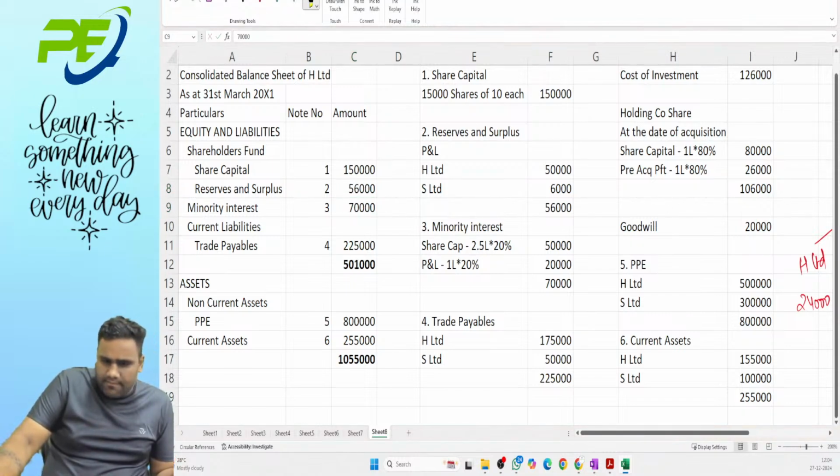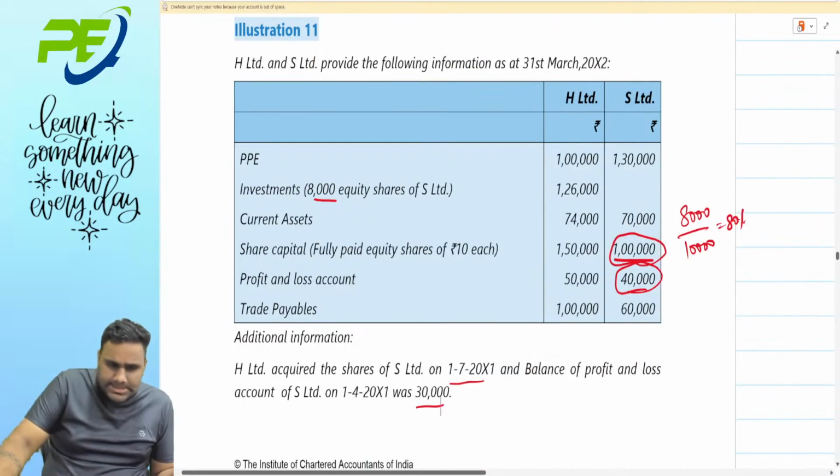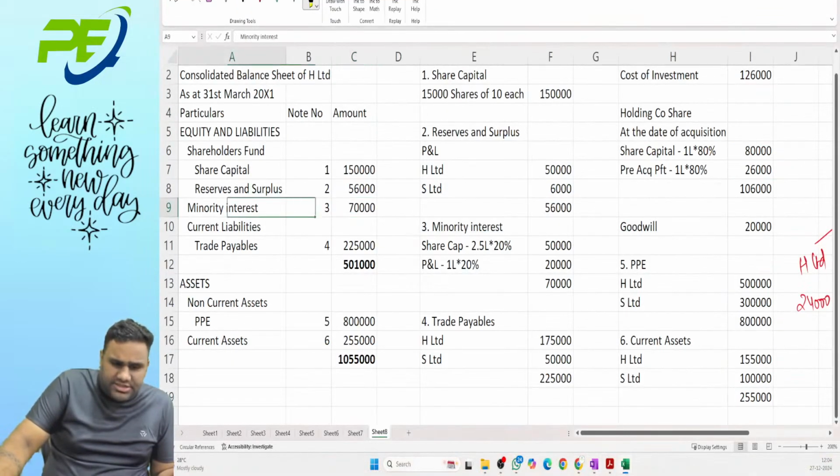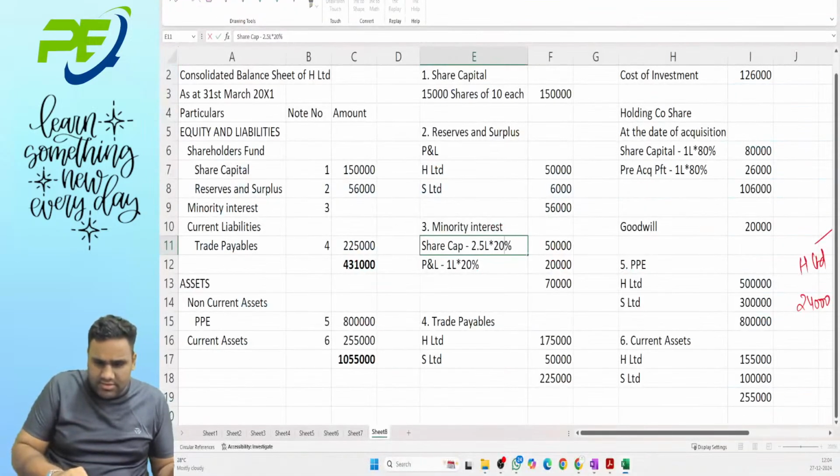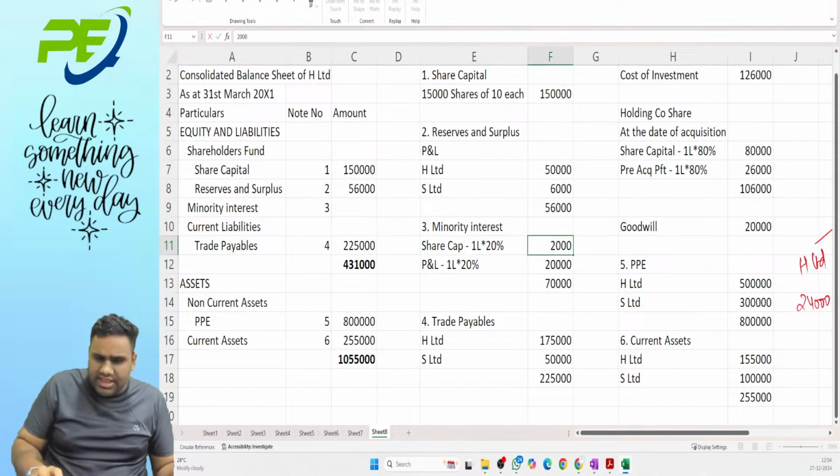So we have done share capital, we have done PNL. Then minority interest, note number 3, minority interest, share capital here: 1 lakh into 20%, 20,000.